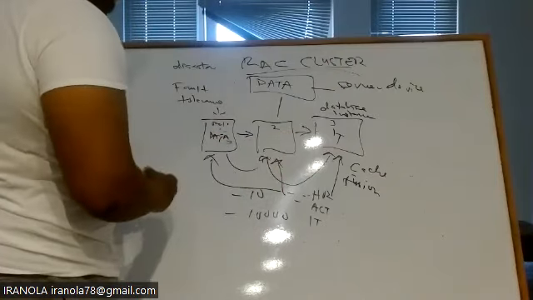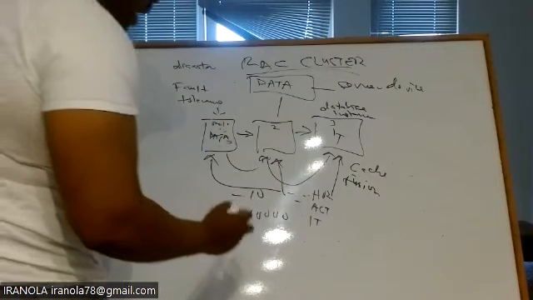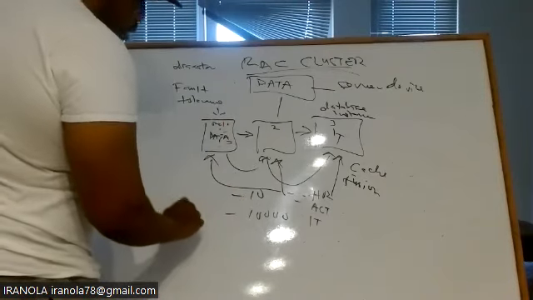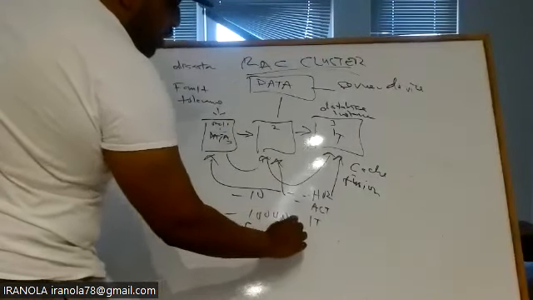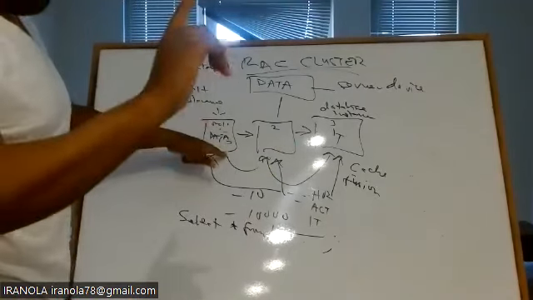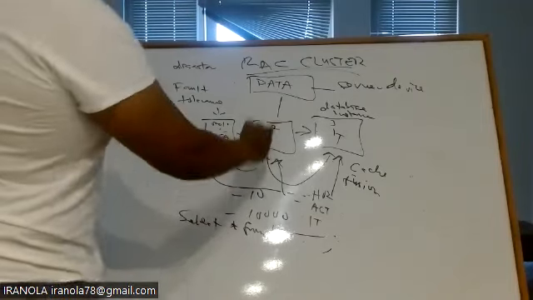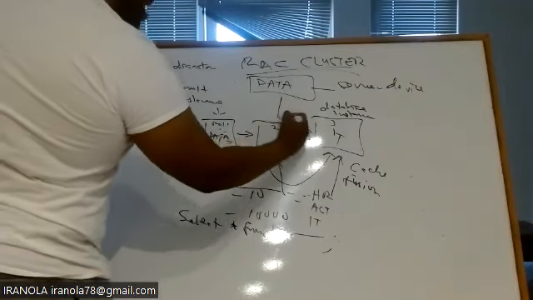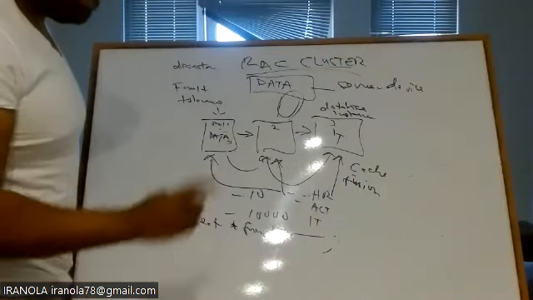So if I do a select statement like select star from HR.employees, the first time, this guy did it. If somebody else does select star from HR employees from this guy, guess what? He's not going to do a round trip to go to the data.